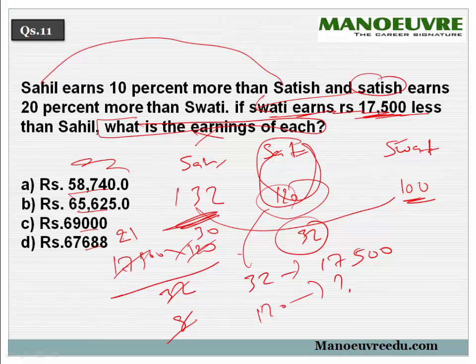17,500 into 120 upon 32. This will give me 8... 4 3s are 12. 4 8s are... If this is 4, so this is 4 2s, and this is 4 4s 16, left with 1. 4 3s 12, 4 7s and 4 5s.